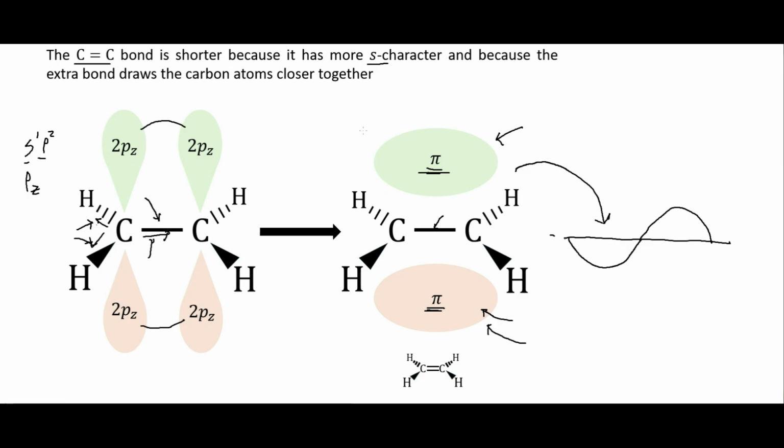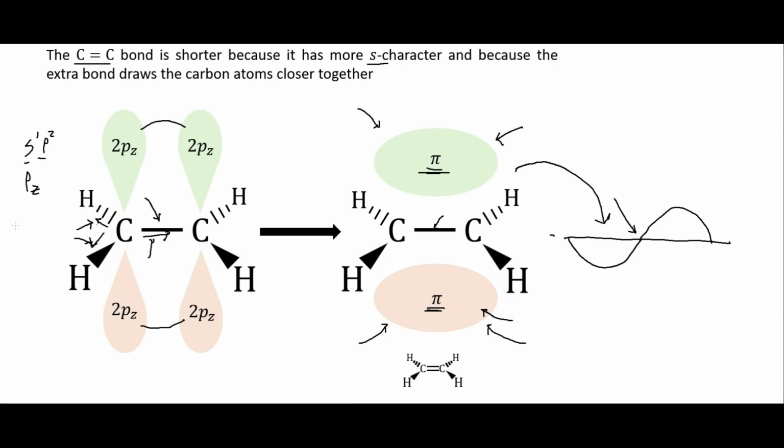We have a lobe above and below, so it almost looks like it itself is two different bonds, but this is just a bond between two electrons. It's just that quantum mechanical effect where the electron exists in this cloud that can have this node right here in the middle where there is zero density for the electron.